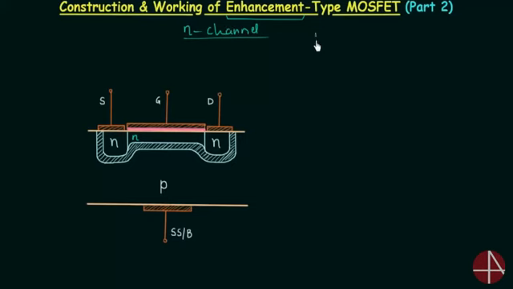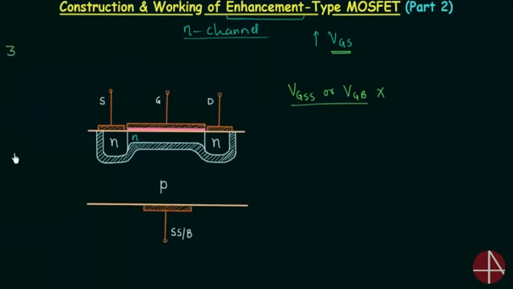Now we can summarize it as, on increasing voltage VGS, you can see one thing, I am representing gate to body or gate to substrate voltage as VGS. I am not using representations like VGSS or VGB. In most cases you will find only 3 terminals in the MOSFET.